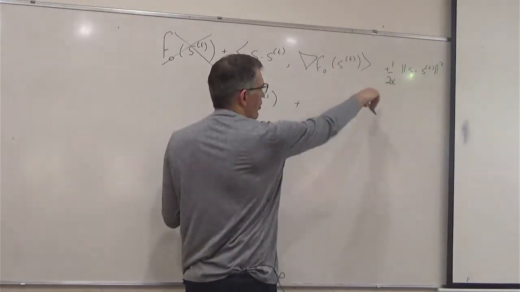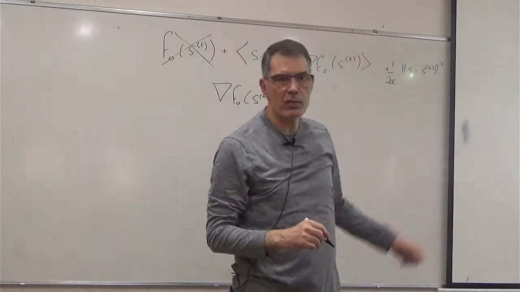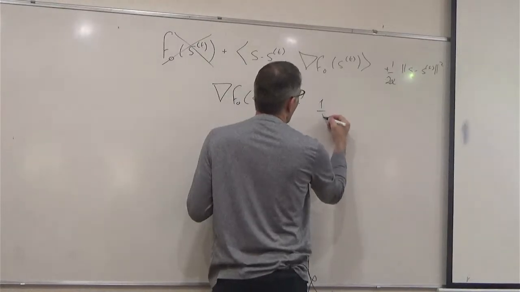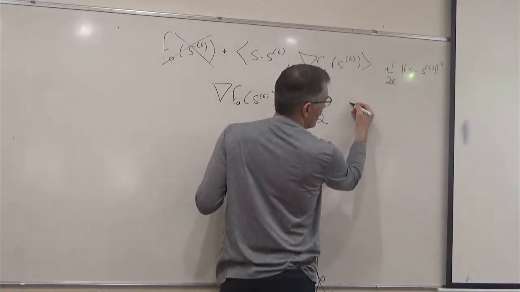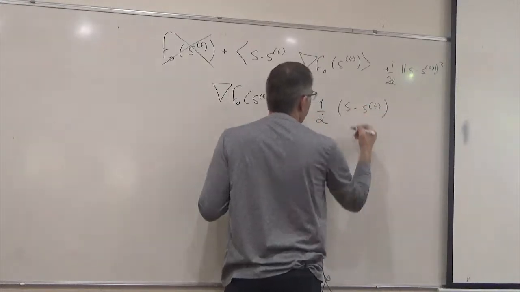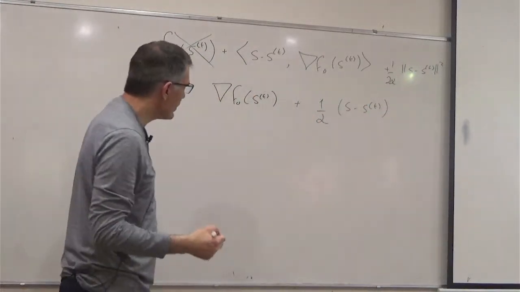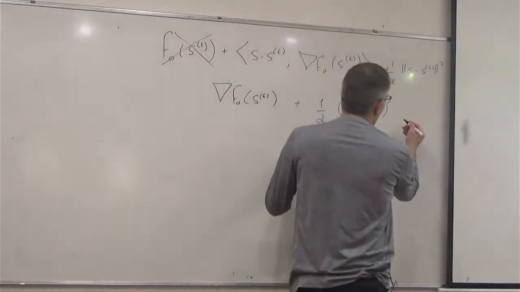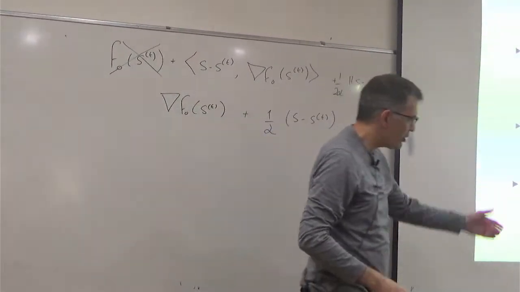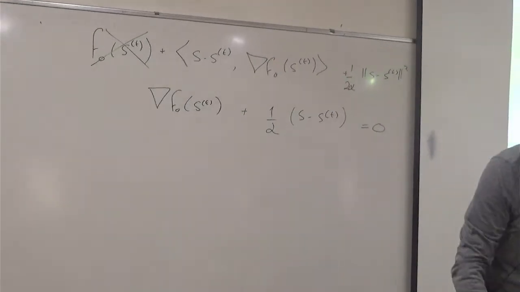It will cancel out with the factor of 2. That's why it was introduced in the first place, for convenience. And I'm left with 1 over alpha times S minus st. Now for optimality, I want this to be equal to 0, and that brings us to the last line on this slide. Yes?